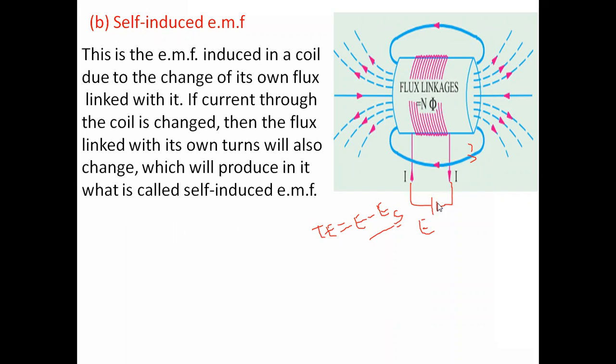So by applying voltage it produces the flux, the magnetic field, and the same magnetic field also cuts this coil, and due to that the EMF is produced. That induced EMF is called self-induced EMF.